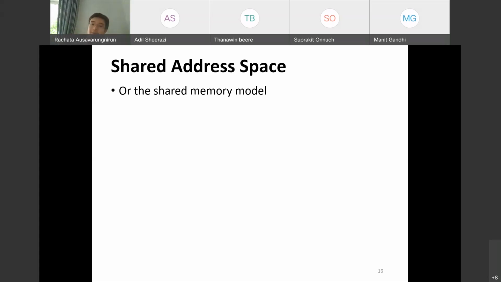So you might have heard about it before. The term address space has a lot to do with how I manage the memory, right? So as always, I'm going to have an analogy that compares that to how we live our life, right? So can someone explain it to me?